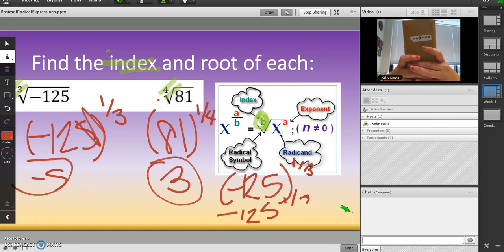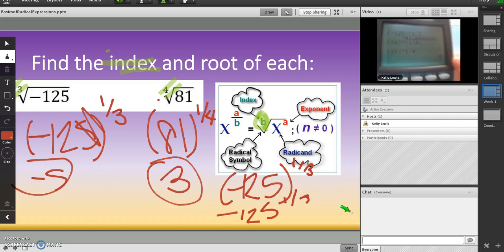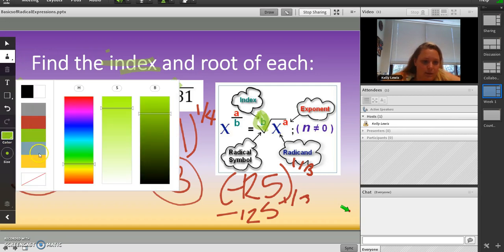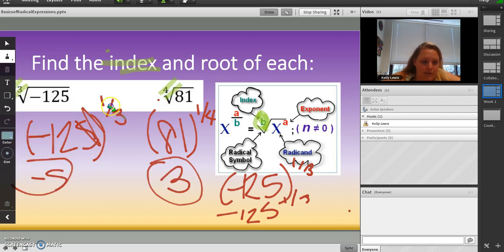Or like if we were doing 16 to the 1/4, you need to make sure you put parentheses around it, because otherwise you get an incorrect answer. So you need to put parentheses around your exponents.